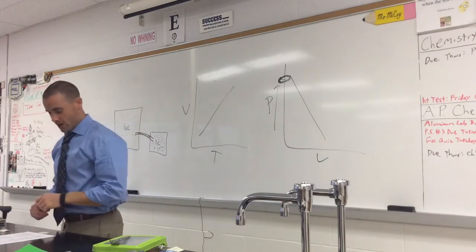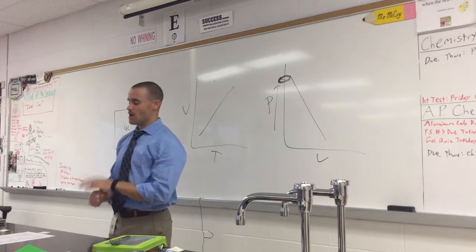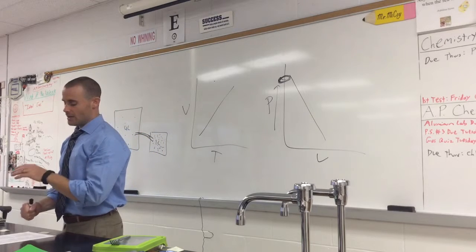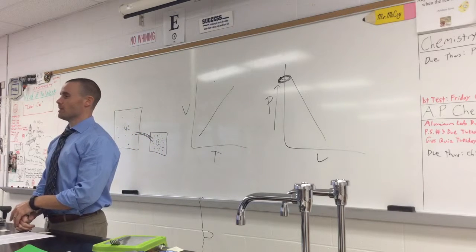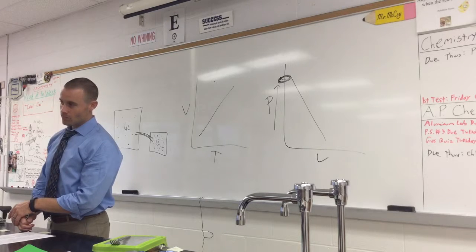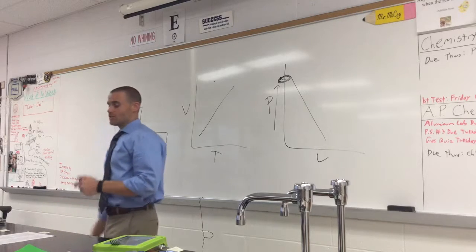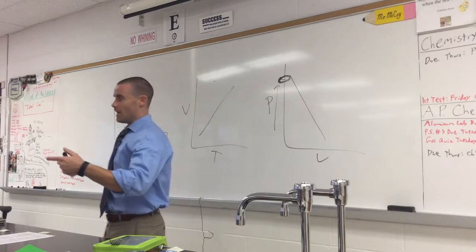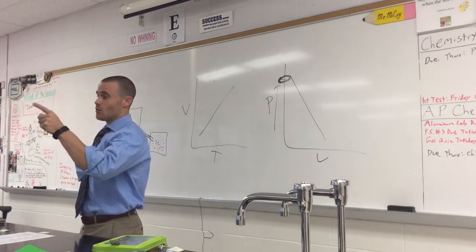59. Explain why it is impossible for an ideal gas to exist. Who has an answer? Because real gases actually take up space and have volume, and there's one more thing.